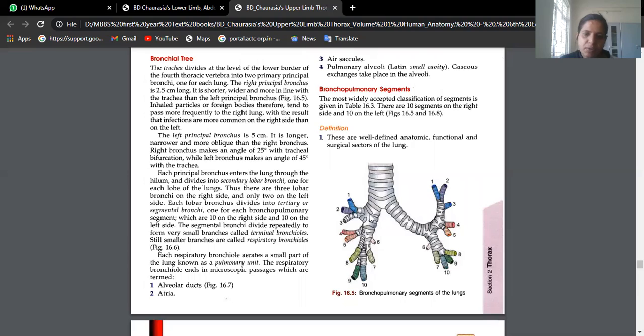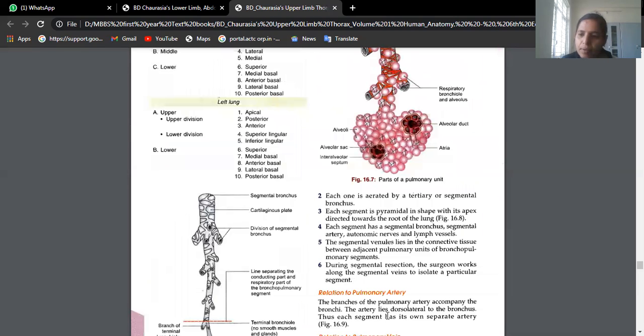The bronchus will have pieces of hyaline cartilage, and the lining epithelium will be pseudostratified ciliated columnar epithelium. Then bronchiole will have cuboidal epithelium. Then alveoli will have simple squamous epithelium. Just check once in the histology book and try to learn the points.